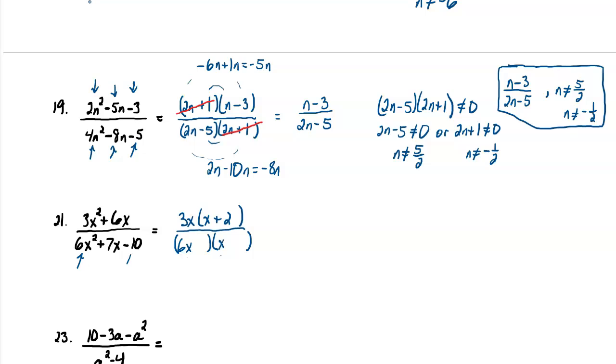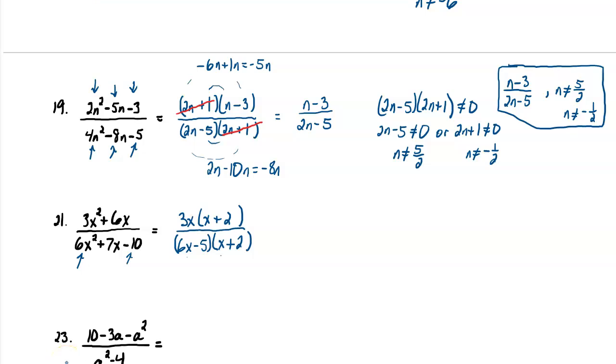Now I need two numbers that multiply together to make negative 10. It could be a 1 and a 10, or a 2 and a 5. I think it's probably got to be the 2 and the 5, or else I'm not going to get anything to match up in the top. In fact, this probably needs to be a plus 2 here and a minus 5 here so that I get those matching x plus 2 factors.